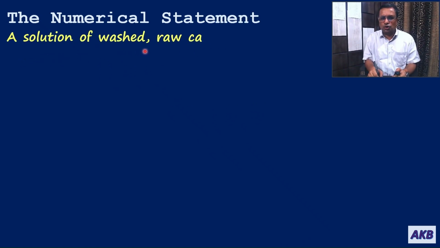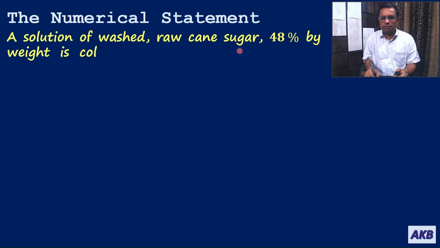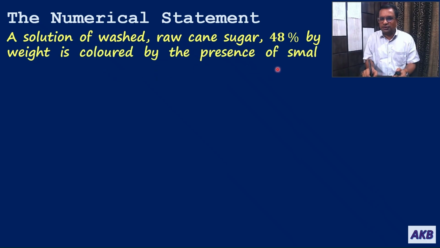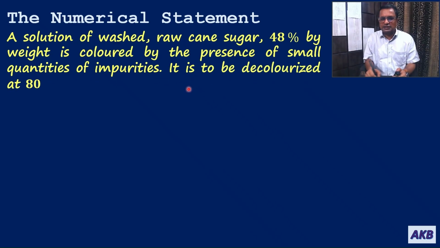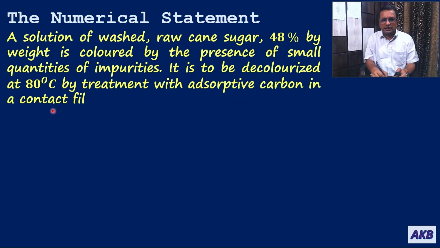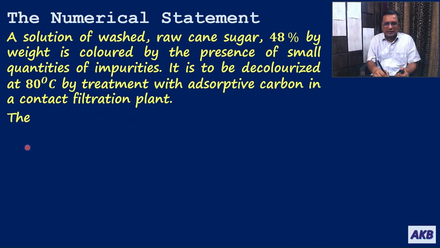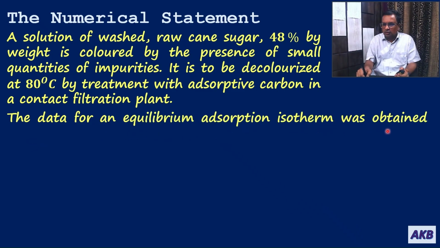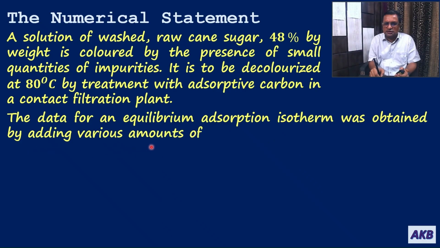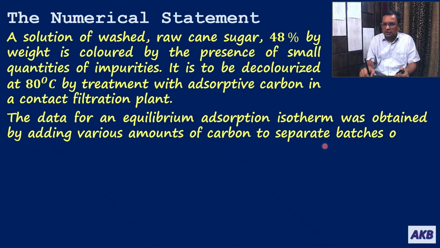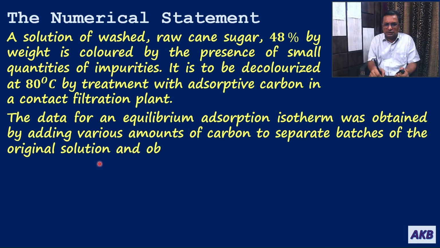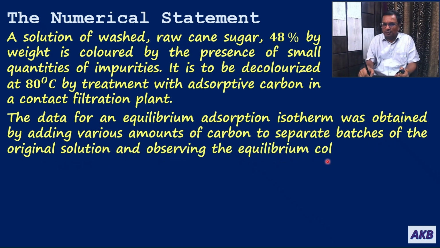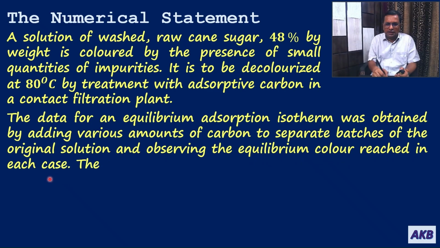A solution of washed raw cane sugar, 48% by weight, is colored by the presence of small quantities of impurities. It is to be decolorized at 80 degrees Celsius by treatment with adsorptive carbon in a contact filtration plant. The data for an equilibrium adsorption isotherm was obtained by adding various amounts of carbon to separate batches of the original solution and observing the equilibrium color reached in each case.